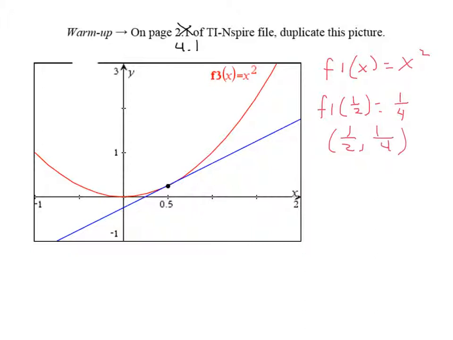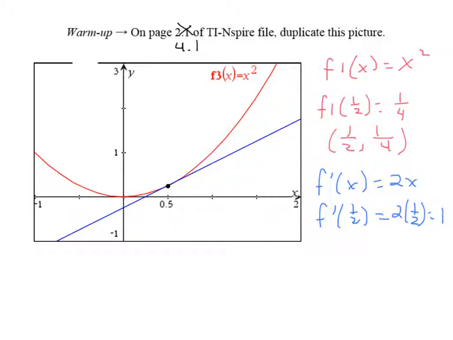And to get the slope, since we are calculus students, we'll get f prime of x, and that is going to be 2x. So now we need f prime of 1/2, which we can see is just going to be 2 times 1/2, or 1.